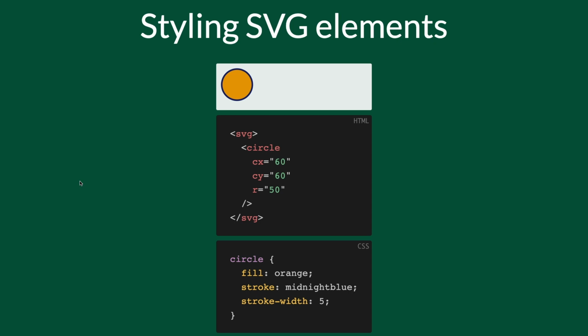For example, fill instead of background, stroke instead of border or border color, and stroke width instead of border width. But besides learning that, we can mostly reuse a lot of our skills from HTML. The way we're writing and defining CSS is the same, just some new properties. And the way that we're writing XML is the same, just some new elements.